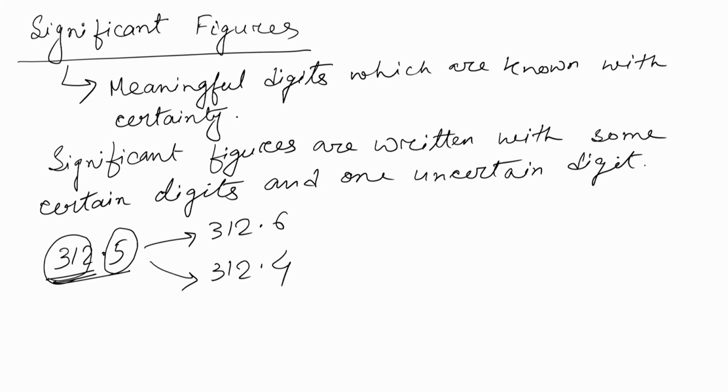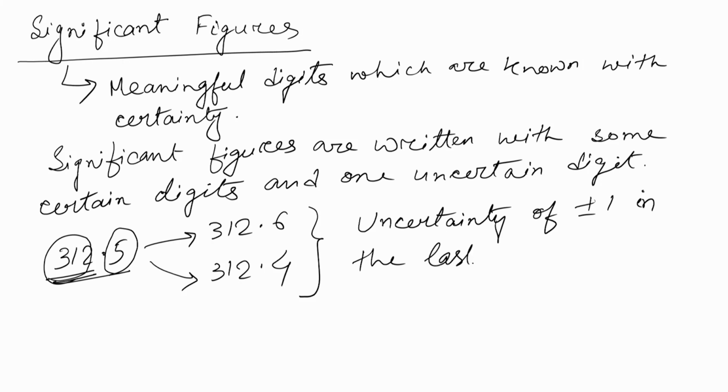So, it is generally considered that uncertainty of plus minus 1 in the last digit is accepted. Okay. So, in some experiment, generally this much uncertainty is accepted.